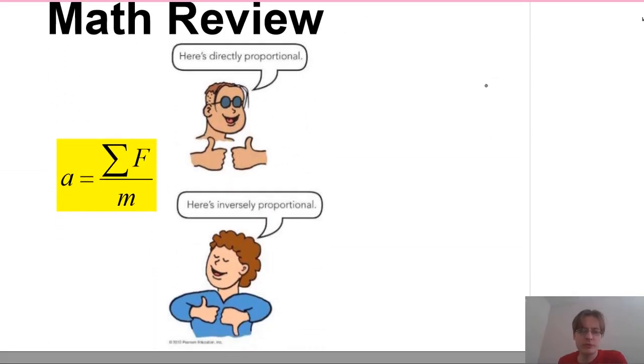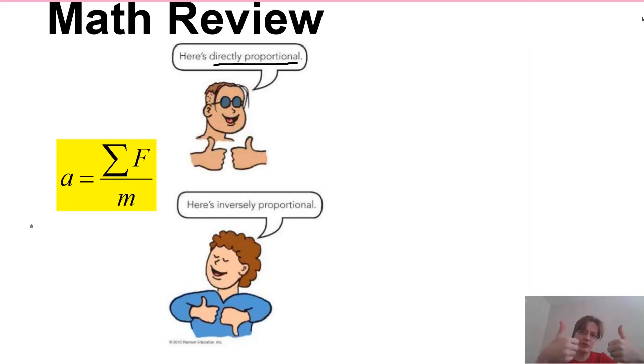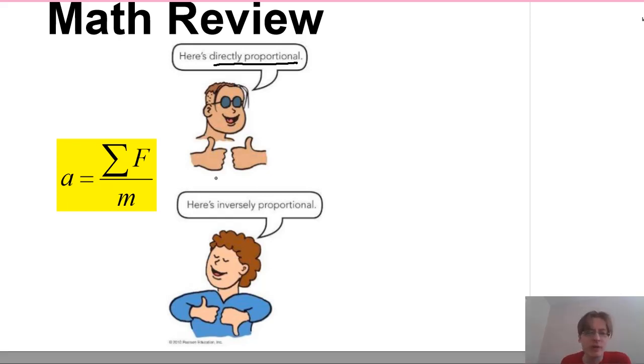Let's review some terminology I've been using. Directly proportional. I said that the acceleration is directly proportional to the force on the object. That means if the force goes up, the acceleration goes up too. Big force, big acceleration. However, acceleration is inversely proportional to the mass of the object.